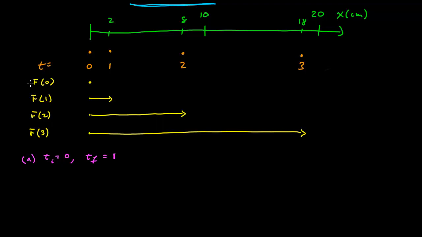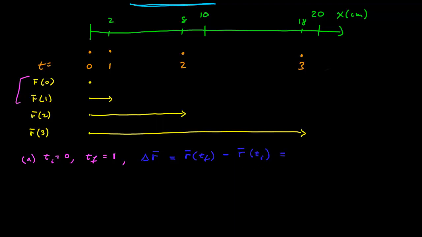So that's these two vectors. Then our displacement, see if I'll use a darker blue here. Our displacement then is the vector evaluated at t final minus the vector function evaluated at t initial.